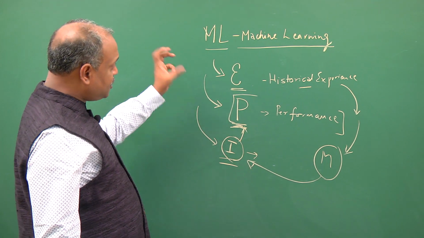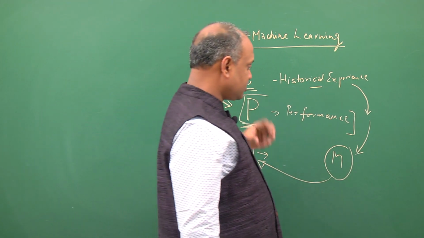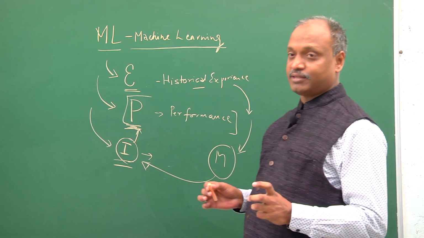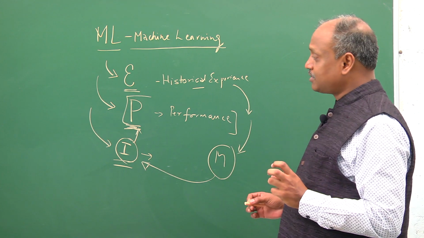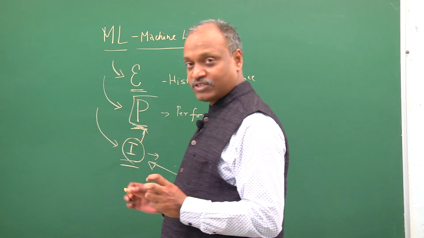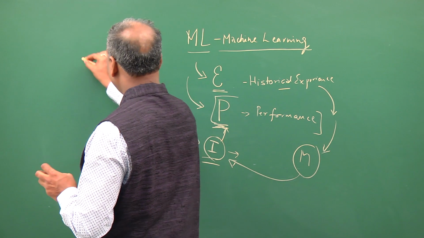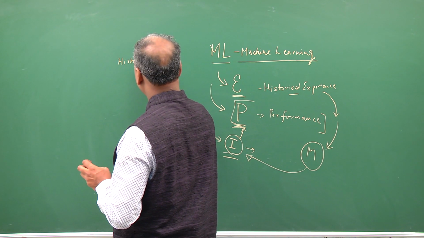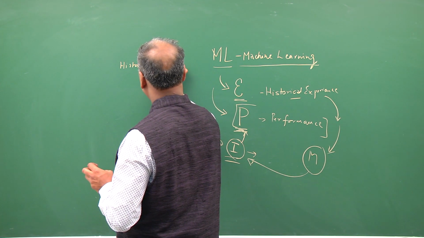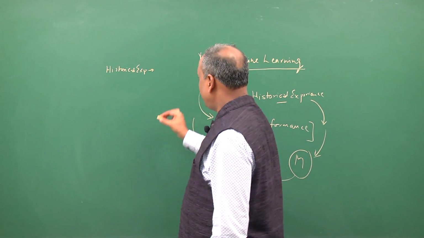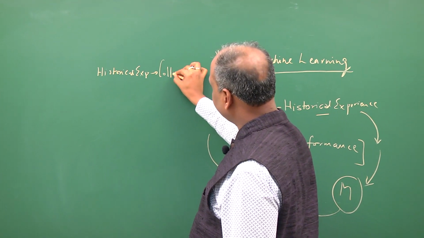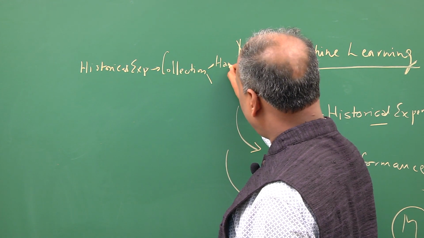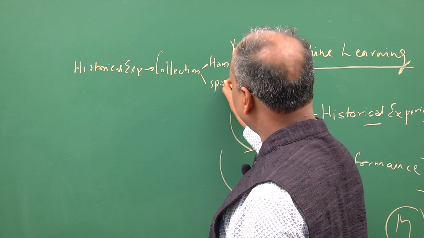So let us instantiate this concept in several examples where machine learning is used in practice. Let's take the simplest example of a spam classifier in email. What is historical experience in spam? It is basically a collection of mails flagged as spam or non-spam.